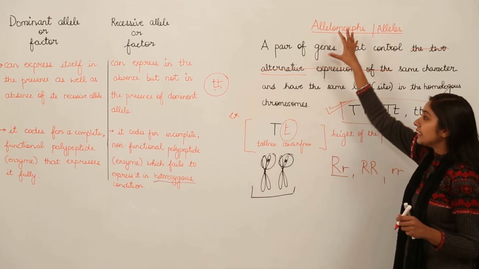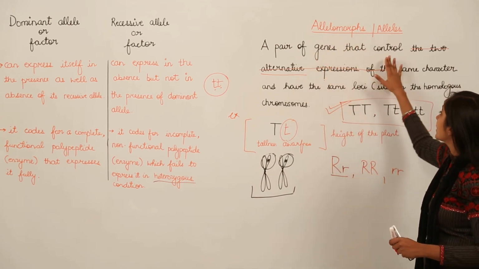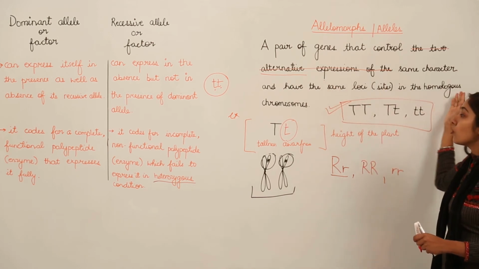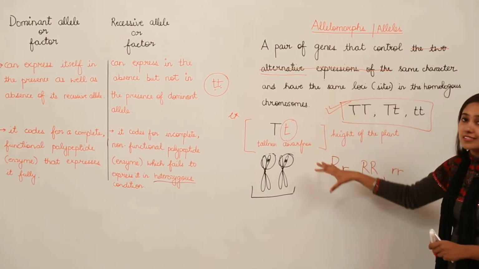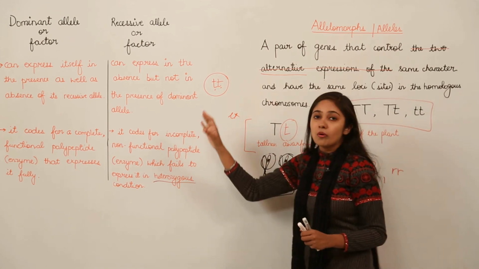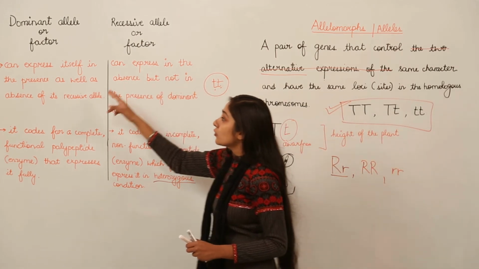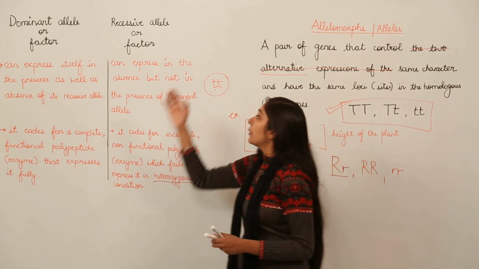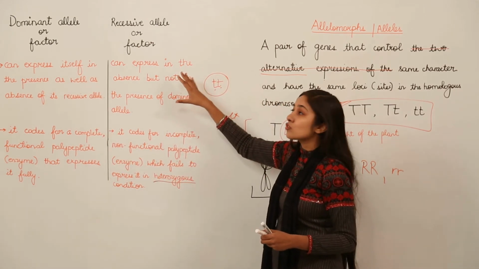Let us recall what alleles are. Alleles are a pair of genes that control the same character and have the same loci or sites in the homologous chromosomes. You can cite a few examples. And then the difference between dominant allele and recessive allele: the dominant allele is going to express itself no matter the presence of a recessive allele, but the recessive allele is not going to express itself in the presence of a dominant allele.